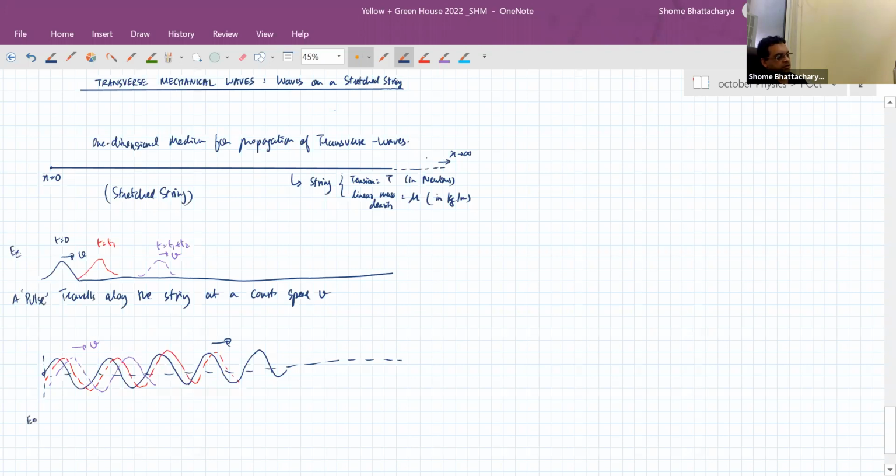And now this is a periodic wave that propagates due to oscillations at the end x equal to 0 along the y-axis.